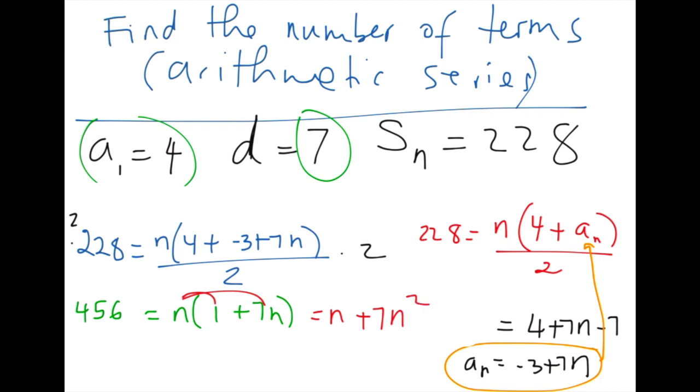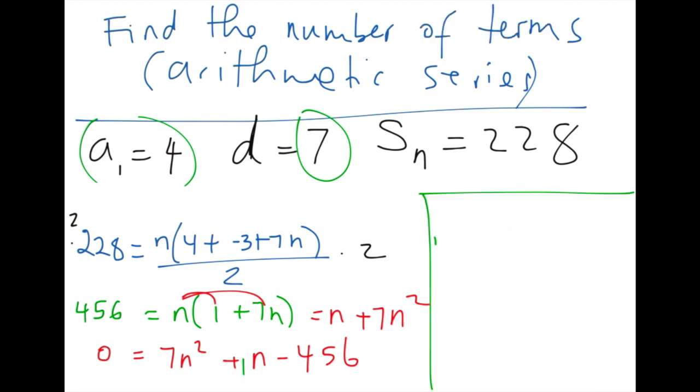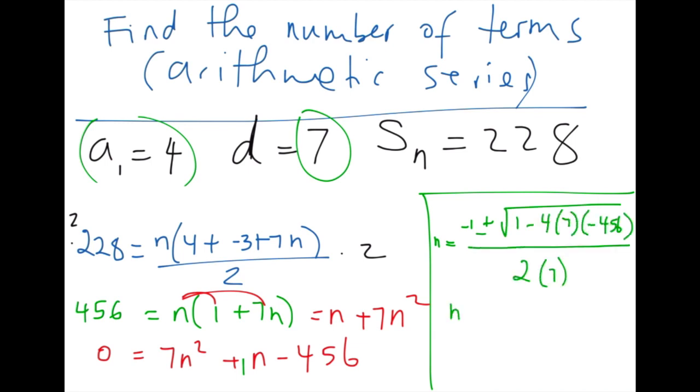I bring everything on one side, we have 0 is equal to 7n squared plus n minus 456, and then we use the quadratic formula to say that n is equal to, so you get two values for n. The first one gives me 8, the second one gives me negative 8.1, so obviously I will choose the first one.